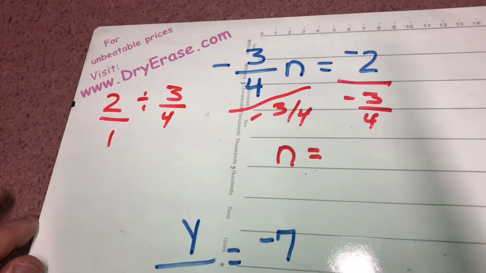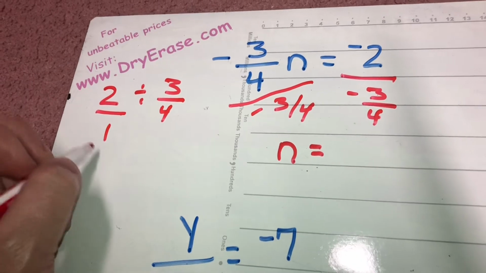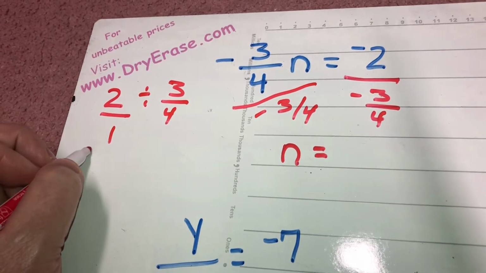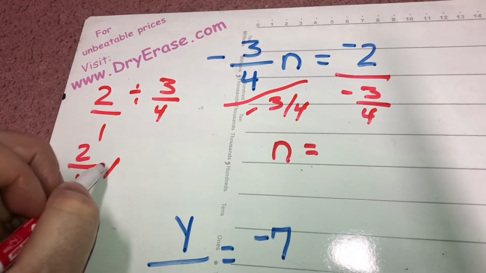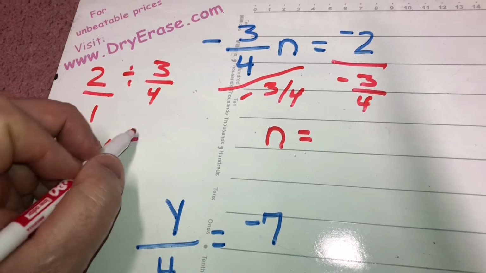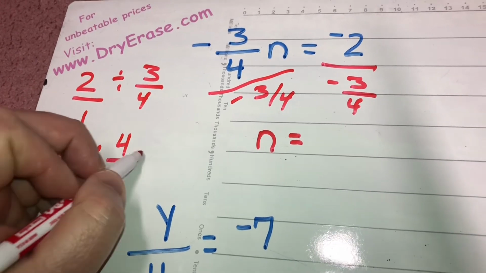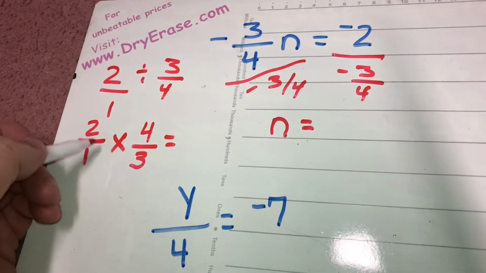You could punch this into your calculator if your calculator does fractions, but this is not difficult work. My division sign becomes a multiplication sign. We don't want to forget this. And then I make the reciprocal of 3 over 4, which is 4 over 3. So I do 2 over 1 times 4 over 3.